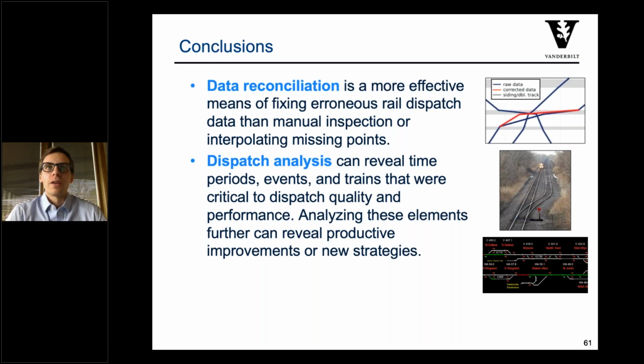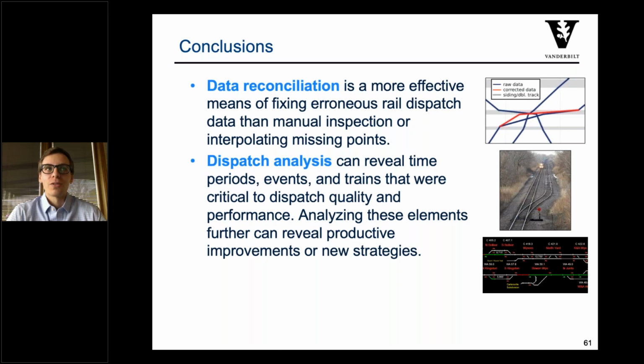And hopefully you see now that it is related to the optimal dispatching problem and the dispatch analysis methods, in that it uses the same core set of constraints that are required to develop a plan for a railroad, and it reformulates the objective function for that optimization problem, and gives us back out on the other side a data set free of infeasibilities and missing points, which is very important in systems such as dispatch analysis, which rely on clean data coming in, clean dispatch data.